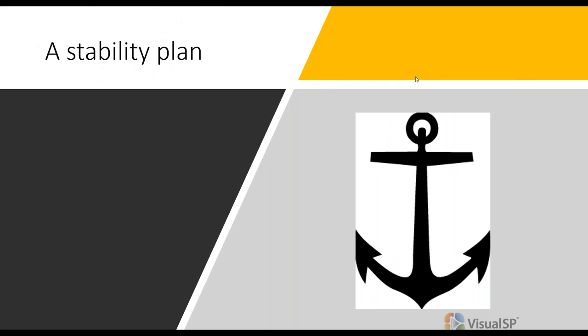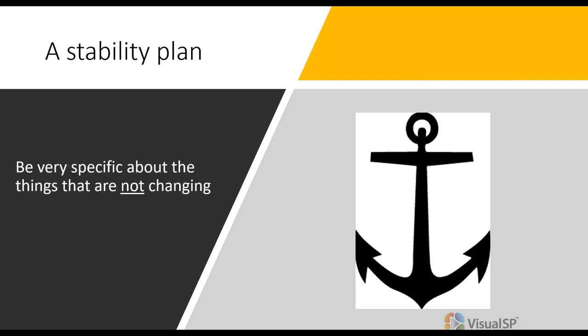This is something that not many people are familiar with so far. A stability plan is where you're keeping something the same, where everything around that particular anchor changes. Things that are not changing also need to be specified, not just things that are changing. Things that are not changing are called an anchor.